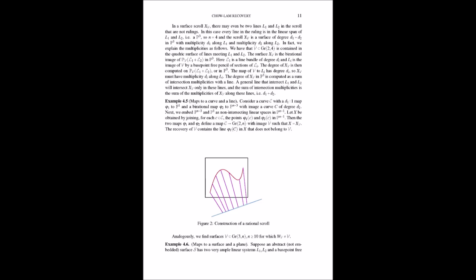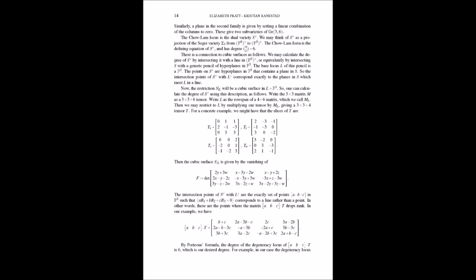And if this conjecture is true, it would have significant implications for our understanding of the Chow Lam form. It would mean that those extra components aren't an inherent limitation of the Chow Lam form itself, but rather a reflection of the special characteristics of certain varieties. Exactly.